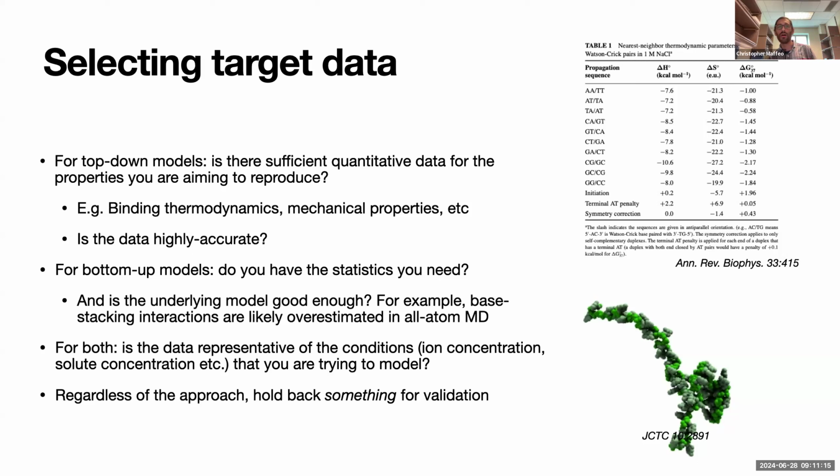But in general, changing ion concentration or solute concentration would require reparameterization. So you want to make sure that you have the right conditions in your target data. And then you don't want to necessarily fit to every bit of target data that's available. You want to make sure that you can use something to validate the model, ideally experimental data.